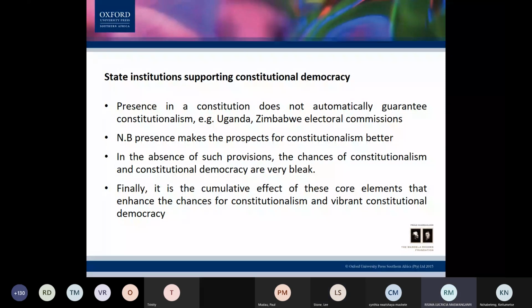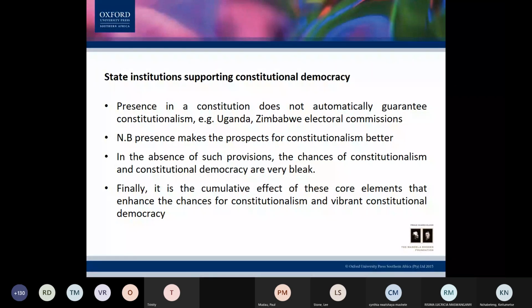The presence of such institutions being given constitutional protection and powers in order to safeguard constitutional democracy does not automatically guarantee that there is constitutionalism or a vibrant constitutional democracy.